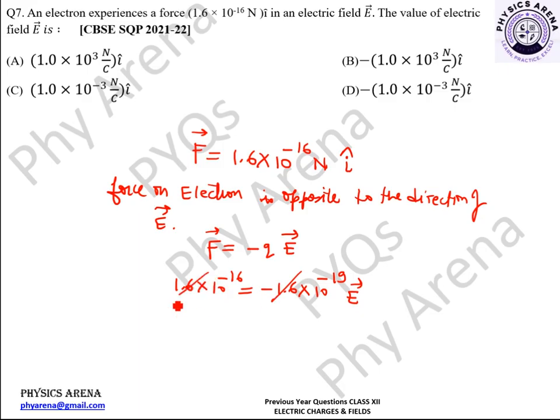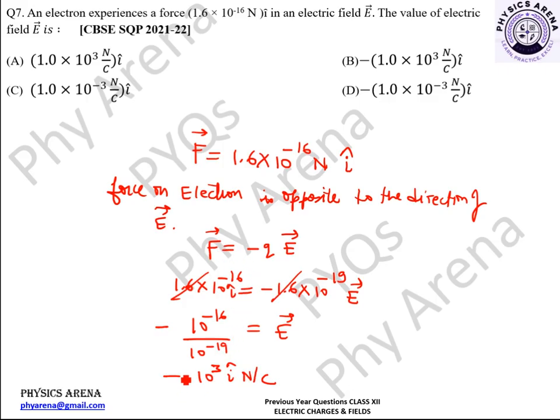So 1.6 gets cancelled out with 1.6, and we are left with 10 to the power minus 16 divided by 10 to the power minus 19, and with a minus sign, that is E vector. And when we solve it out, we are left with 10 to the power 3 i cap Newton per Coulomb, because i cap was already there in the force formula.